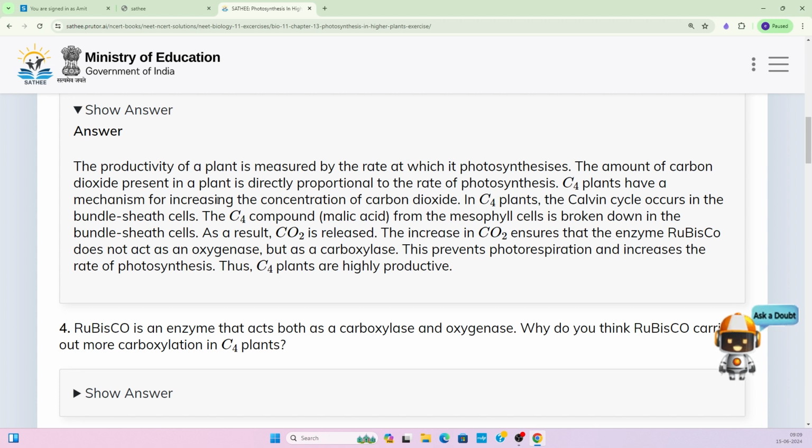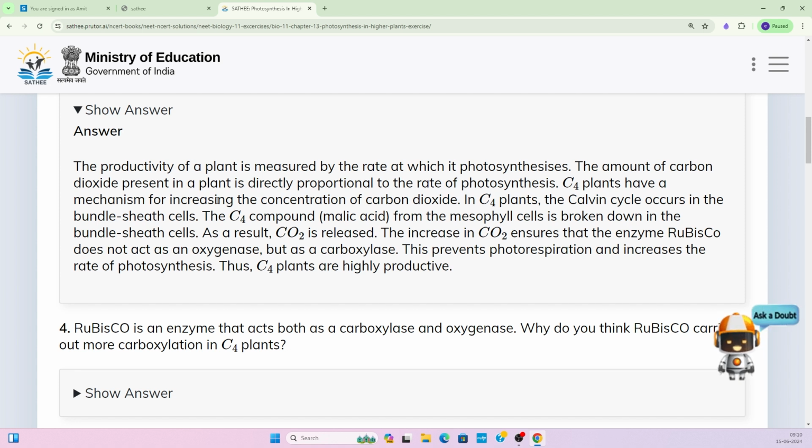So if the amount of carbon dioxide present in a plant is more, the rate of photosynthesis will be high.